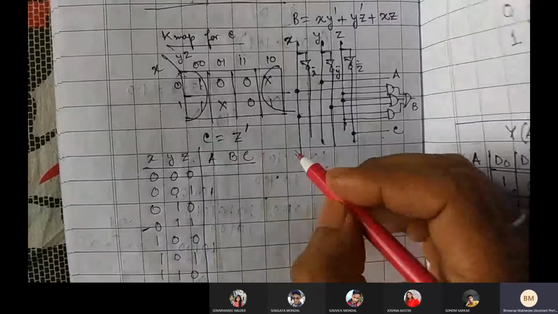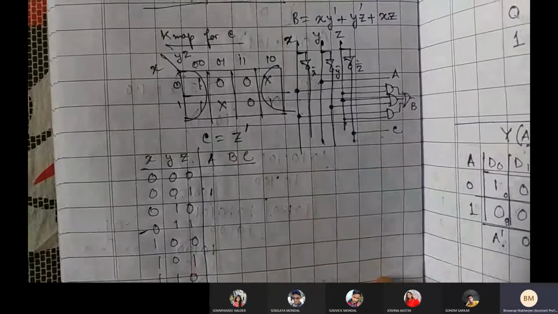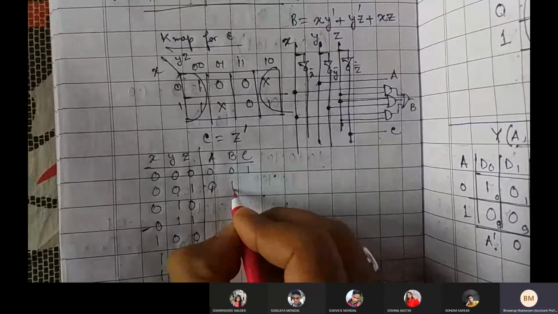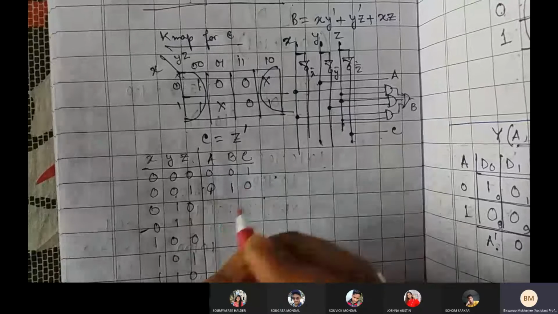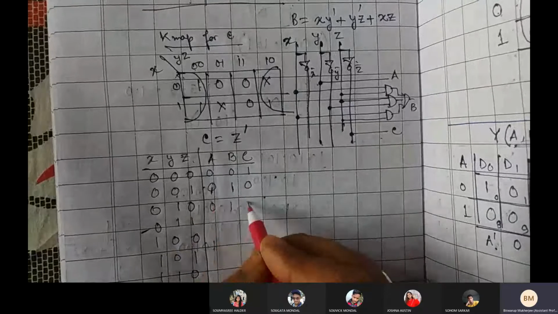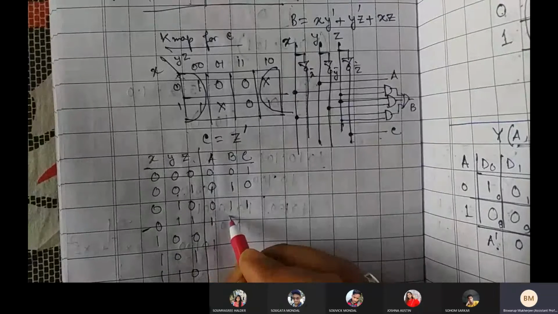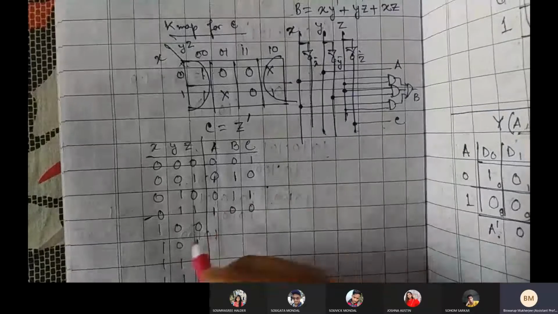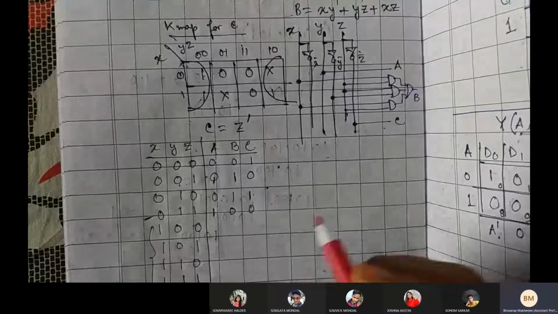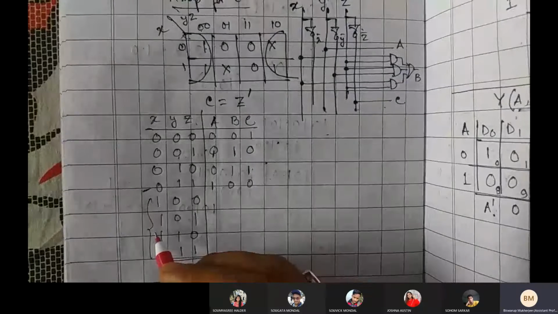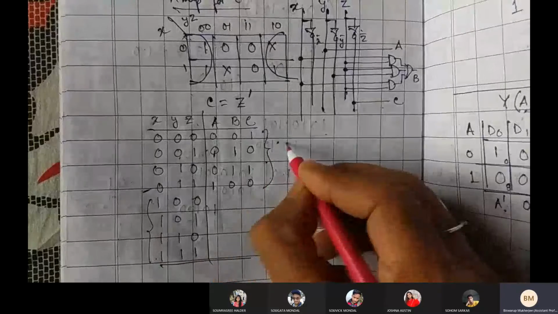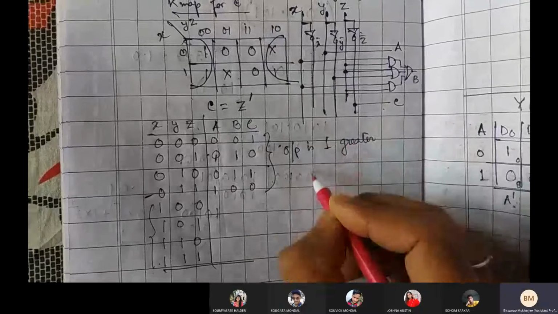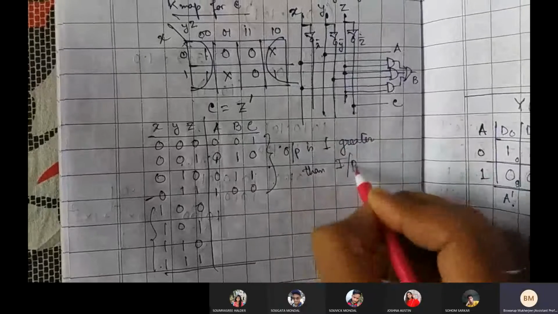So how will it look like? It will look like this: 0 0 1, 0 1 0, then followed by 0 1 1, then 1 0 0, right? Okay. Then after this part, for this, the output is 1 greater than the input, right?